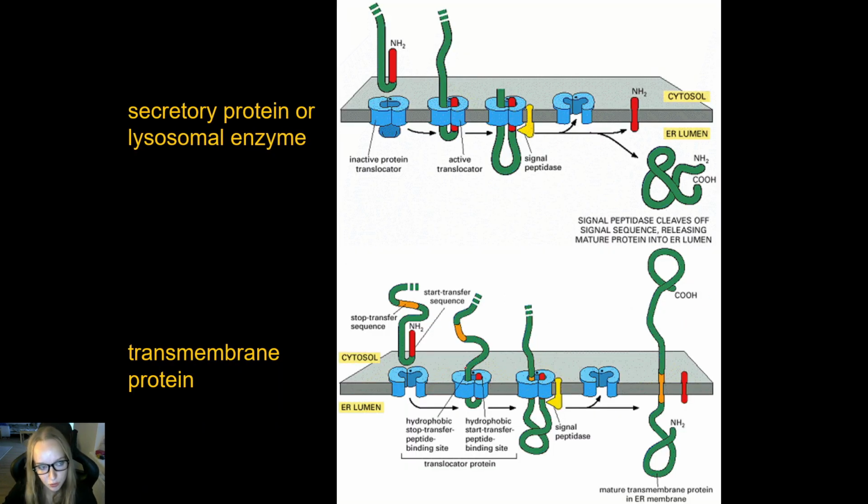So once again, remember that secretory proteins, lysosomal enzymes, and transmembrane proteins, or integral membrane proteins, are made in the ribosomes that are attached to the endoplasmic reticulum. And there is also this thing called signal peptidase, which separates the signal sequence.